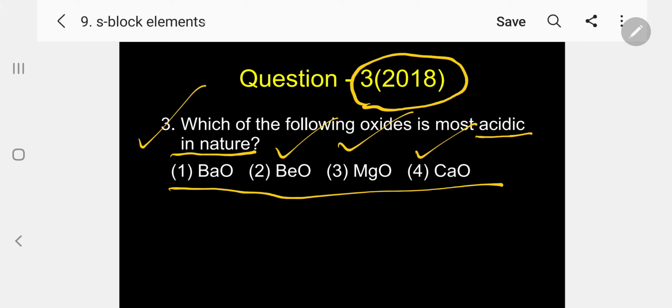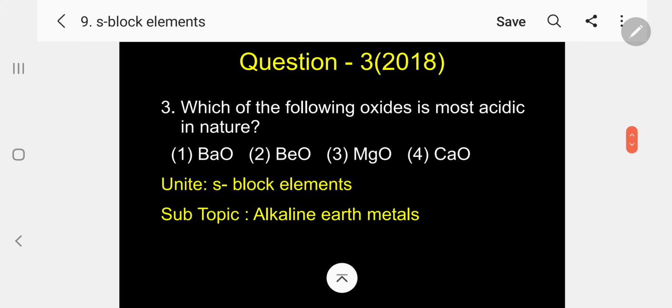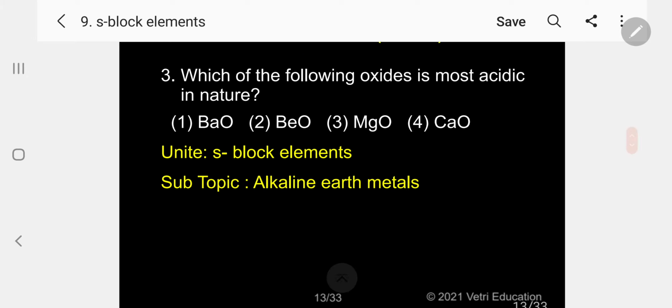Again, the question is asked under the unit s-block elements, subtopic alkaline earth metals, because barium, beryllium, magnesium and calcium all belong to the second group. Now the explanation.